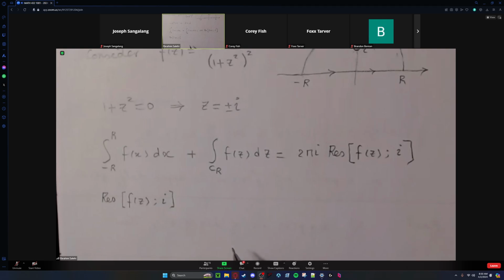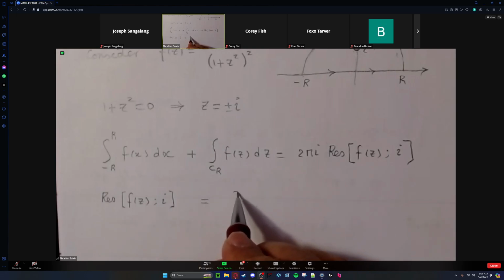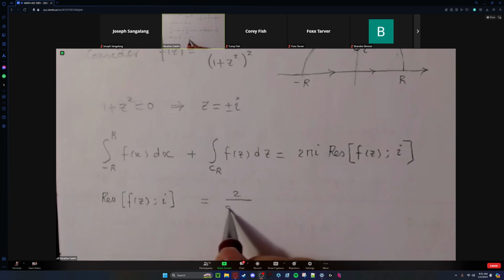So you multiply by z minus i, squared, and then you take the derivative. If we go ahead and do that, we are going to get 2 over 8i.